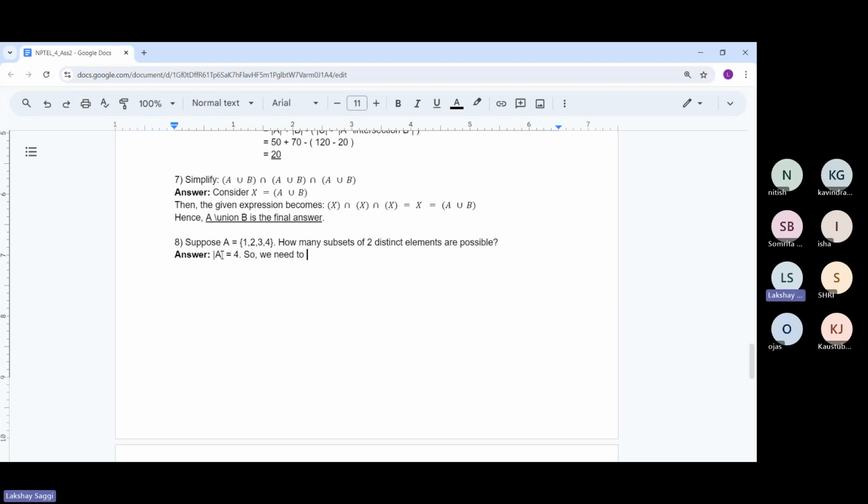So we need to choose all possible combinations of two elements from the four elements of it.